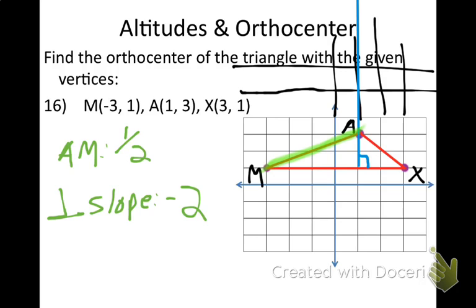X. So I need the one opposite of the slope I picked. Opposite vertex, opposite side. Those are altitudes. So from X, I'm going to use a slope of -2. I'm going to go up 2, left 1, up 2, left 1, up 2, left 1. And I get a point that's there, and a point that's there. My altitude looks something like that.